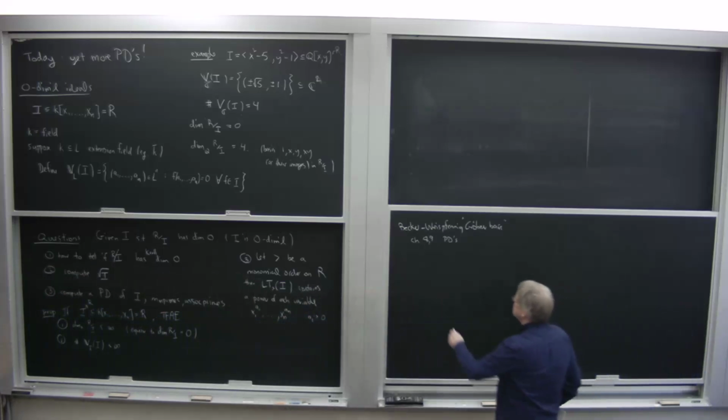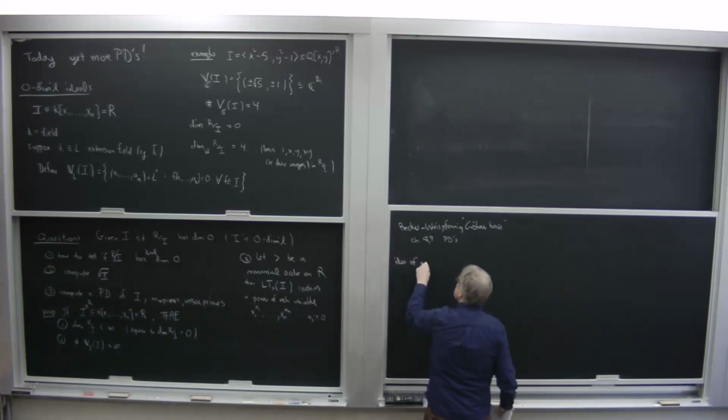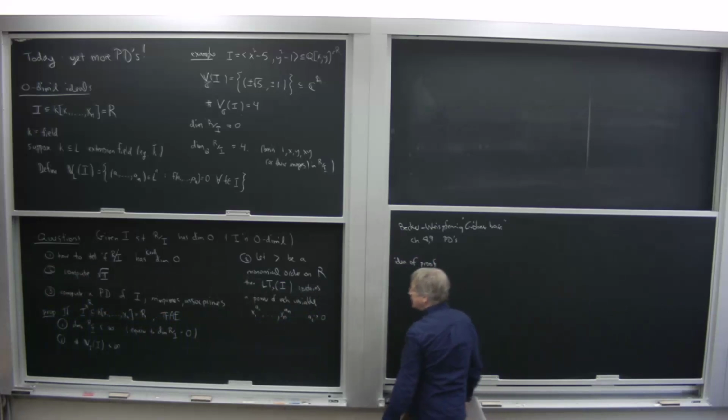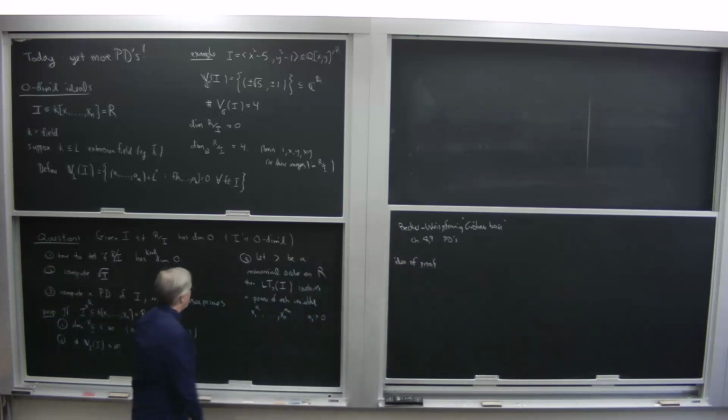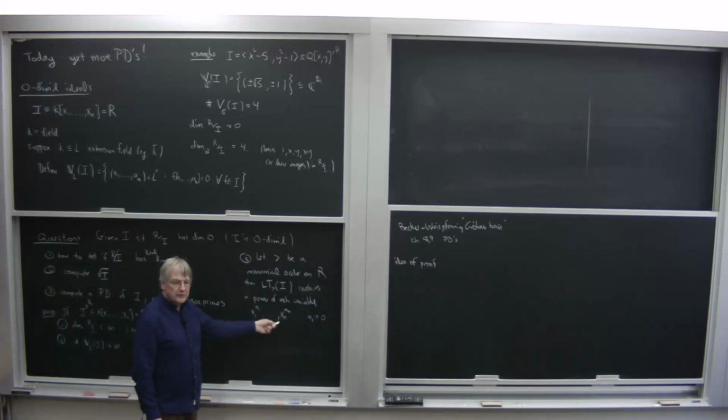Okay. So anyway, let's do sort of the idea of the proof. The main idea is that if it contains these things, then showing that this is finite is because there's only a finite number of monomials that are not in here.